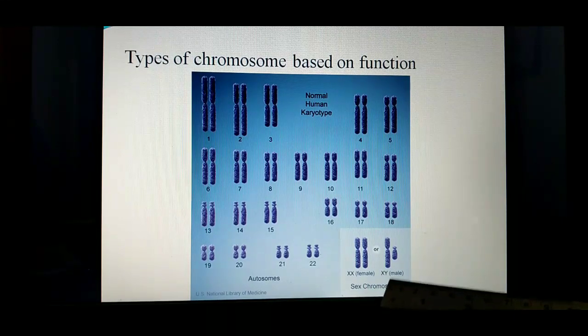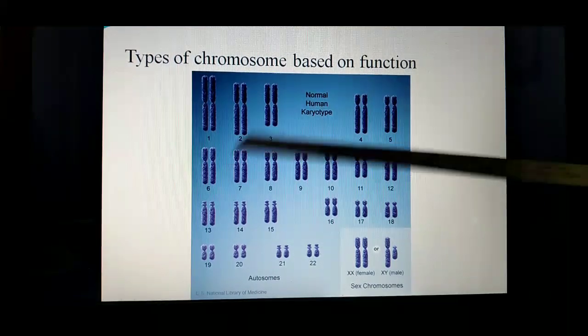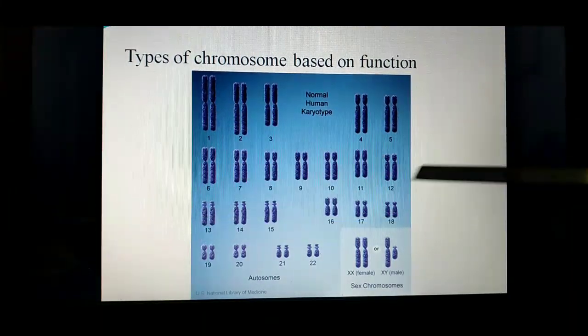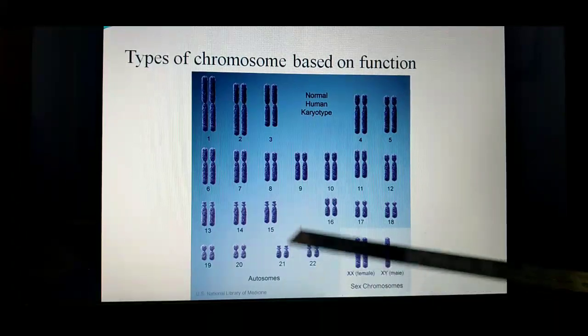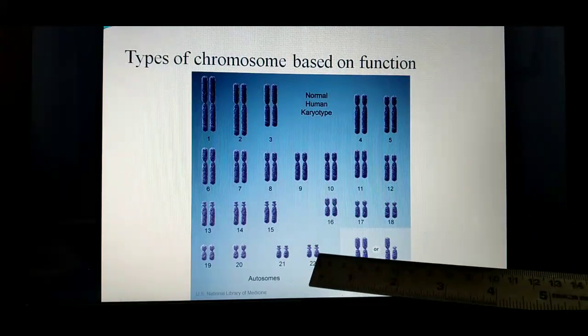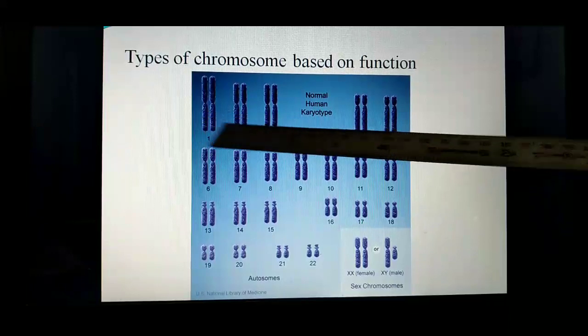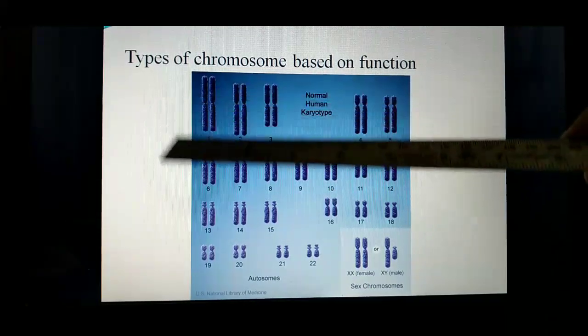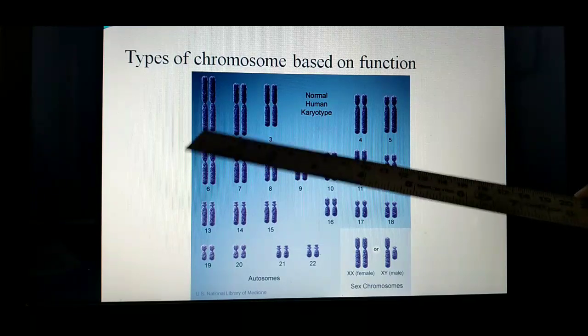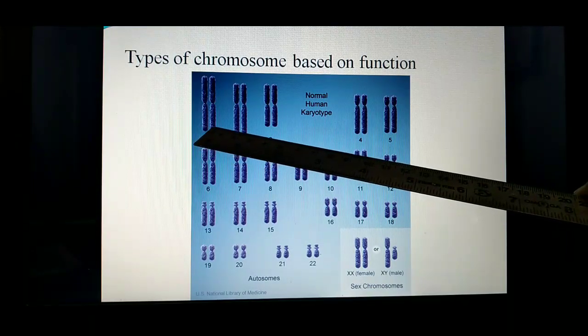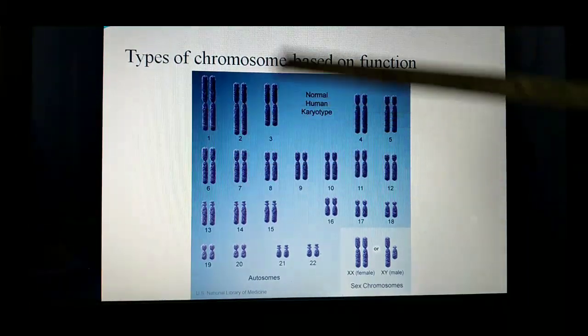The 23rd pair is called allosomes or sex chromosomes. The first 22 pairs of chromosomes are called homologous chromosomes. Why are they called homologous chromosomes? Because these chromosomes are arranged in pairs. That means one chromosome we receive from our father, and one chromosome we receive from our mother. That is why these chromosomes are in pairs.